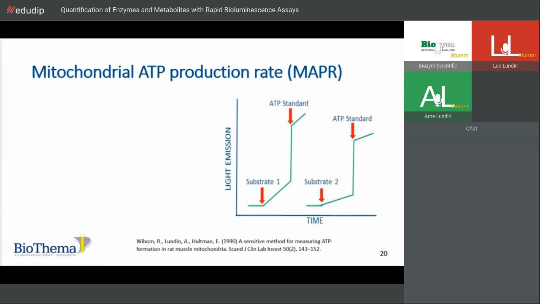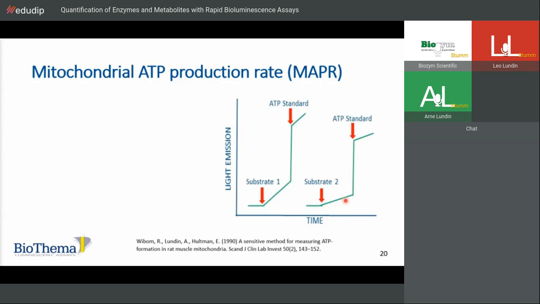So oxidative phosphorylation we can monitor using mitochondrial suspensions, isolated mitochondria. And mitochondria supplied with substrates will synthesize ATP, which we can measure.